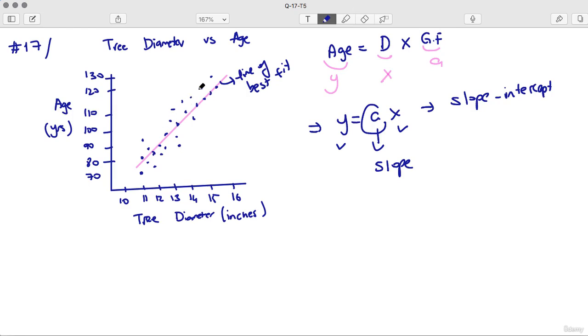There should be an equal number of observations on top of the line and at the bottom of the line. So this is a good approximation to describe the behavior between the tree diameter and its age.